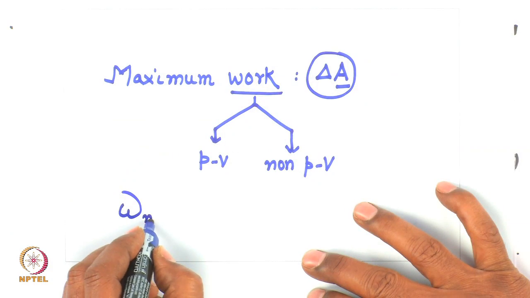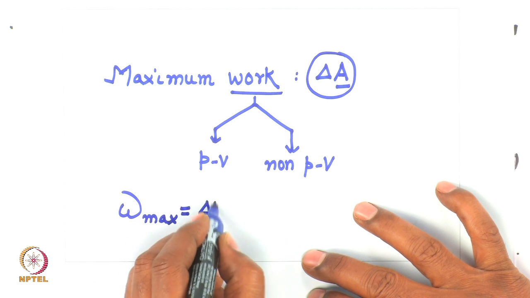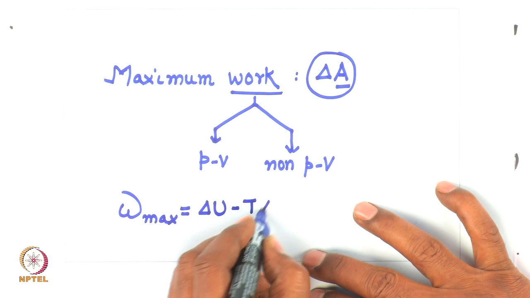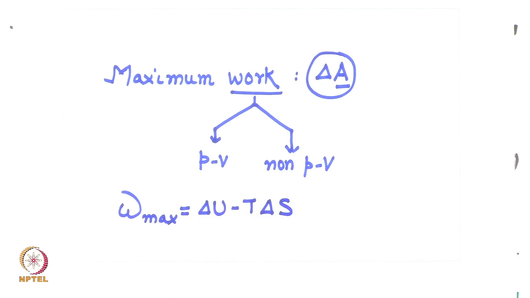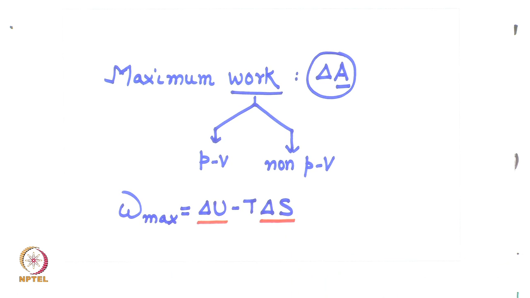So, that means W max is equal to delta U minus T delta S. There are two components in this. One is the change in internal energy, the other is the change in entropy.